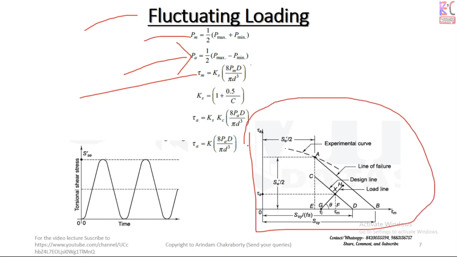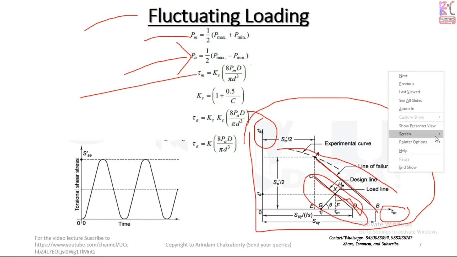What it gave, this is the tau mean, and this is the tau amplitude, the mean stress and stress amplitude, where it shows three curves. The experimental curve has gone in a non-linear way, the line of failure we have found out here, and the design line is this one. We try to design on this line.